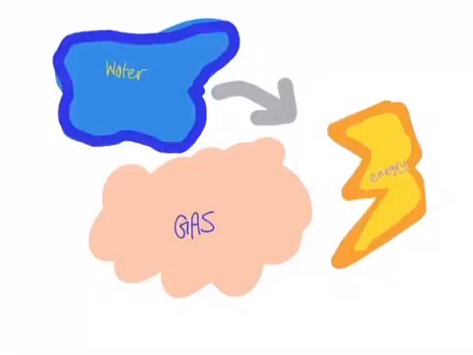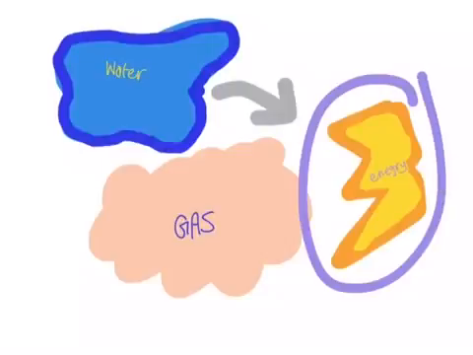When the water turns into a gas, it's called evaporation, and because of this, it has enough energy, as you can see over here, to turn into a gas. So that's why water or liquid can turn into a gas.